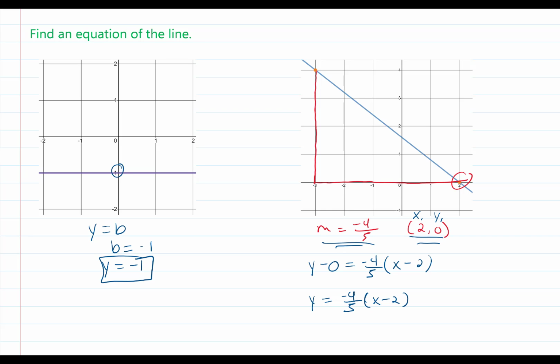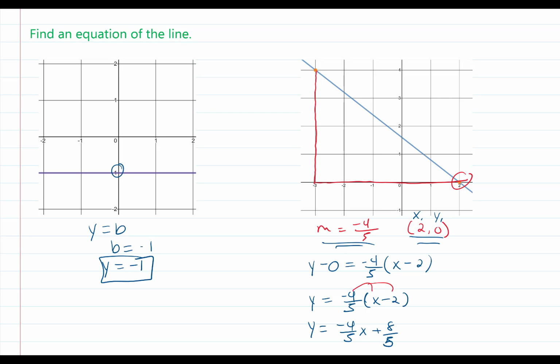I'm now going to distribute the 4 fifths, so I will get y equals negative 4 fifths x plus 8 fifths. So that's my slope-intercept form. But some people may not necessarily like that form because the y-intercept is not an integer. So what you could do is multiply the entire equation by 5.